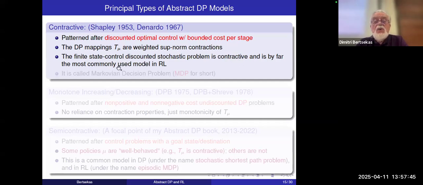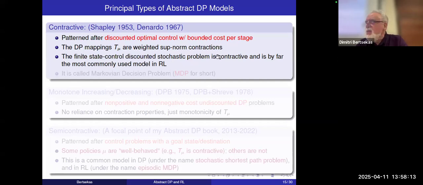And this is by far the most commonly used model in reinforcement learning. It's the easiest one, the one where nothing goes wrong, okay? On the other hand, whether it's truly the best formulation to use in a given practical situation is debatable, although in reinforcement learning, people tend to use this without looking at the details.